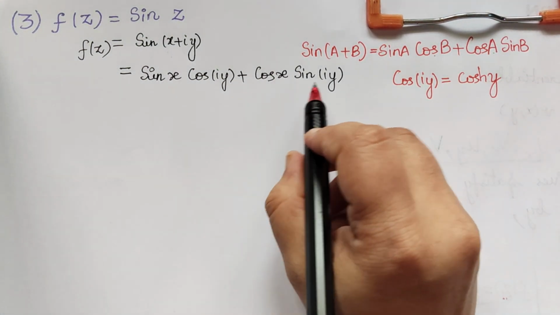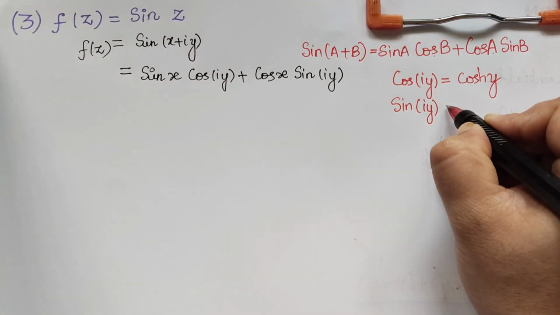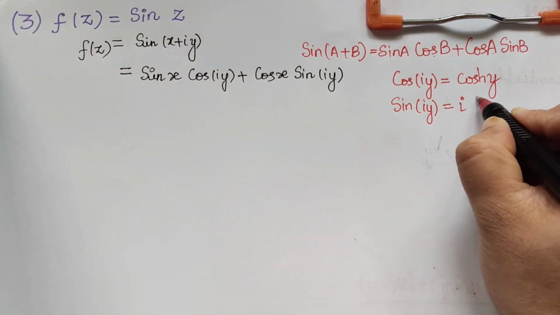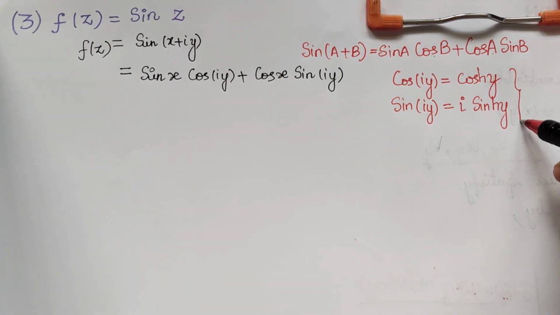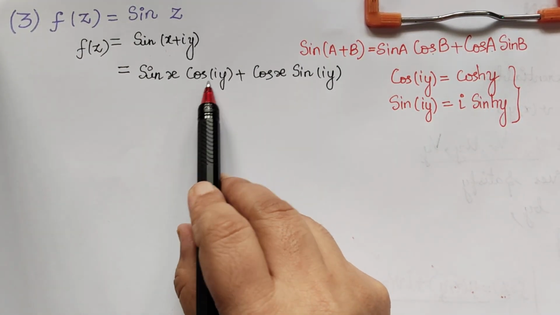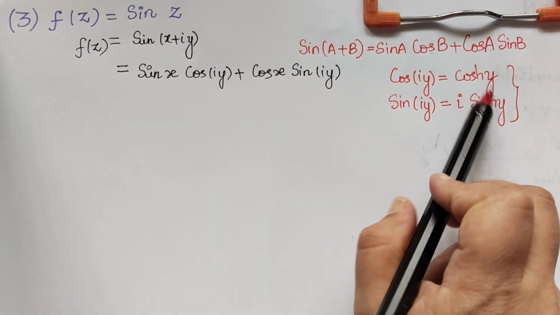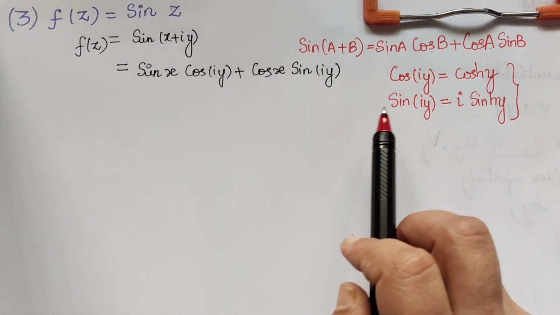In a similar manner, sin iy will be equal to i sinh y. These are from the concepts of hyperbolic functions. So having this, we shall now substitute cos iy equal to cosh y and sin iy equal to i sinh y.